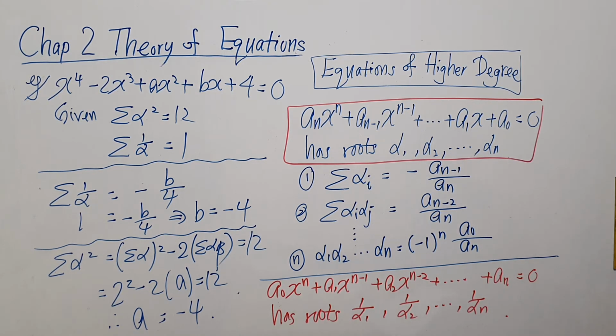Okay, with this, we want to look at example 2.5. In example 2.5, you have the case where it is degree 100, and in this degree 100, you're asked to find the sum of the roots.